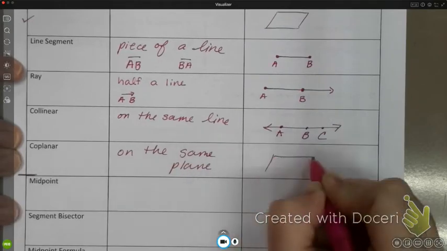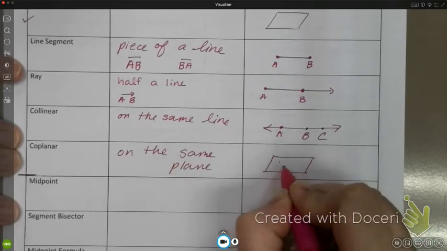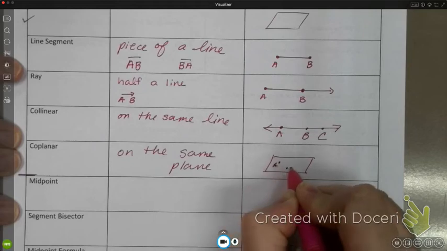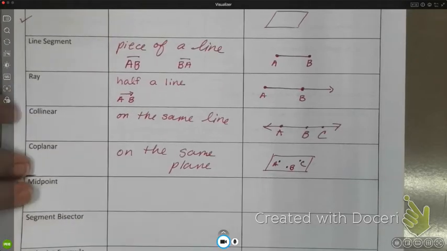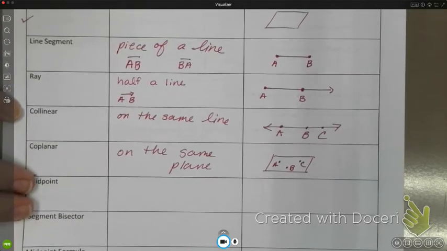So if I had a plane like this, A, B, C, those are all coplanar. Can 3 points, or 2 points, be both collinear and coplanar? Yeah, they could be. Now, here's where your brain's going to stretch. Turn your paper over to the back side.